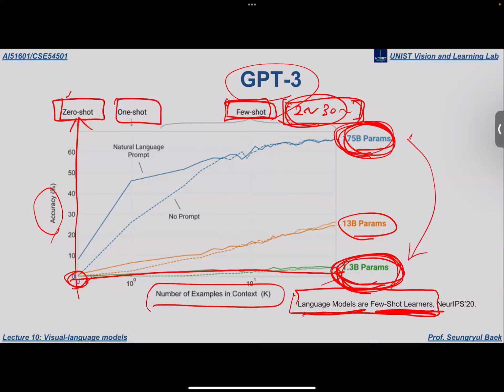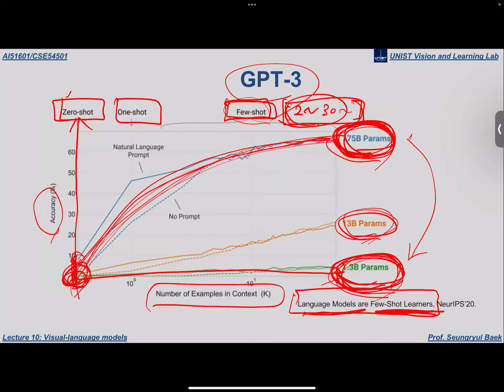So when the parameters of the network are large in scale, they are saying that the accuracy grows exponentially fast when the data is given, okay? For the zero shot, the performance is similar, right? For zero shot learning, when the training is not given for specific tasks, even though we have a large-scale model, their performance is limited.